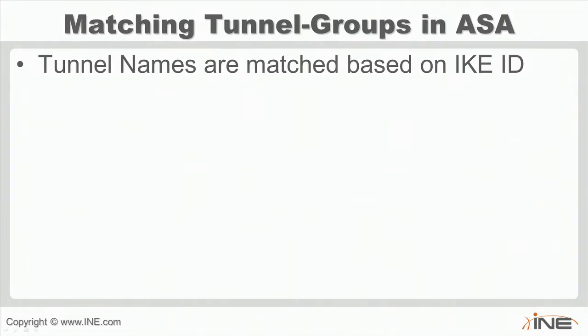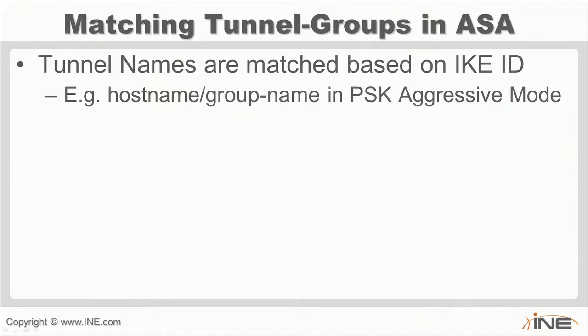This means that if the remote router or the remote ASA is using its IP address as the IKE identifier, the tunnel group name would be the IP address. If the identifier is a host name or a fully qualified domain name, then we could run aggressive mode, which is going to send us the IKE identifier immediately, before we go through establishing the secure tunnel. So mainly this type of matching is going to be for remote access VPNs.